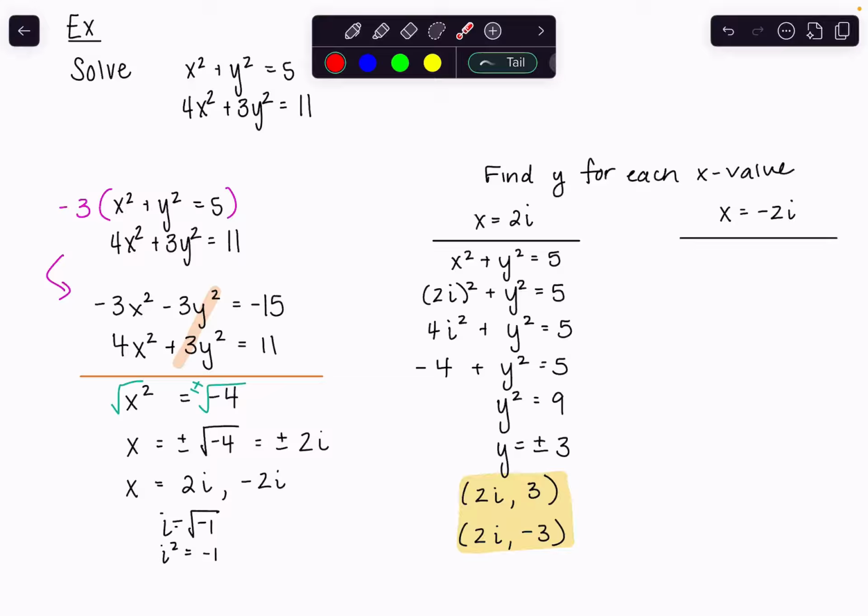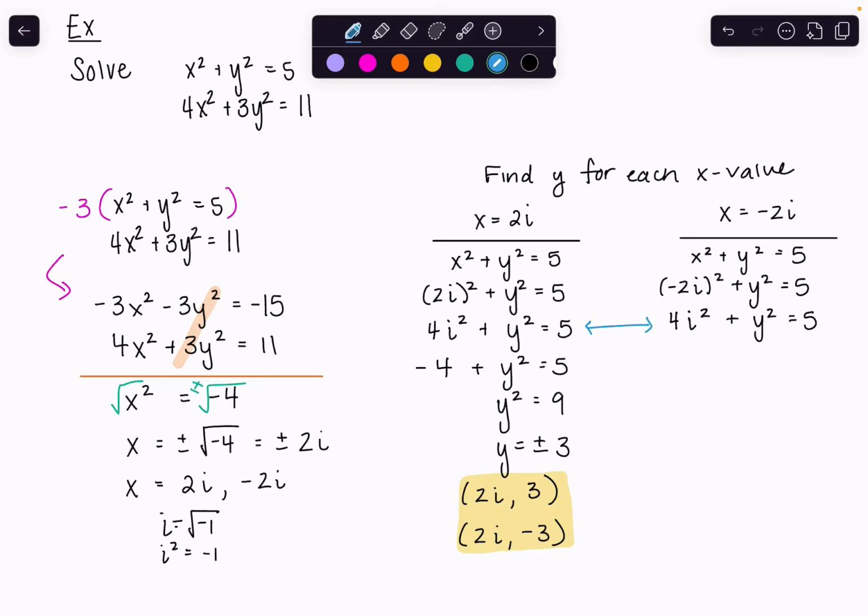Now I want to do exactly the same thing. When x equals negative 2i, we're going to see what y has to equal, and I'm going to use the same equation. So negative 2i squared plus y squared needs to equal 5. Well, that minus minus cancels and gives us 4i squared plus y squared equals 5.